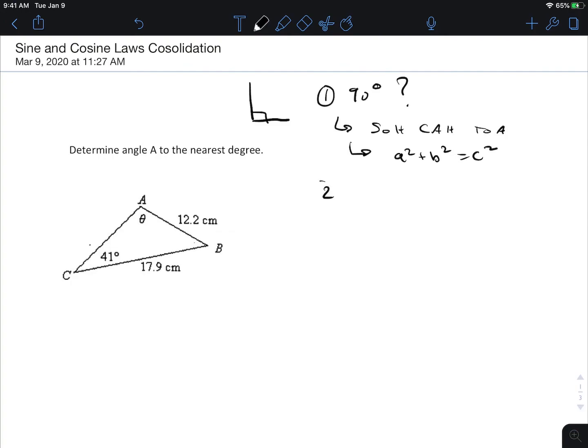If I don't see a 90 degree, then the second thing you're going to want to check, and I'm just going through the list of simplicity, is: can I use sine law? You remember sine law looked like this.